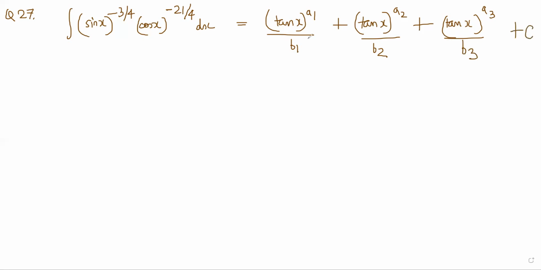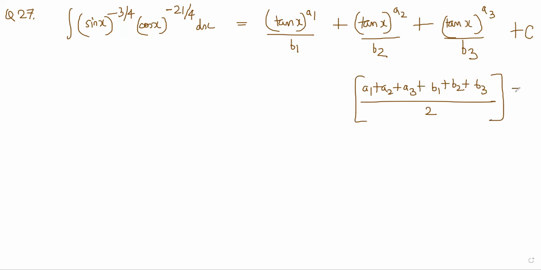Then you have to basically find these constants a1, a2, a3, b1, b2, b3. You have to find the value of a1 plus a2 plus a3 plus b1 plus b2 plus b3 whole divided by 2 and take the GIF of that. That is what the question is asking.